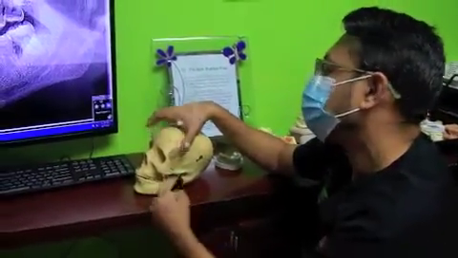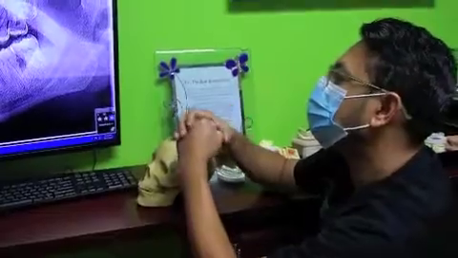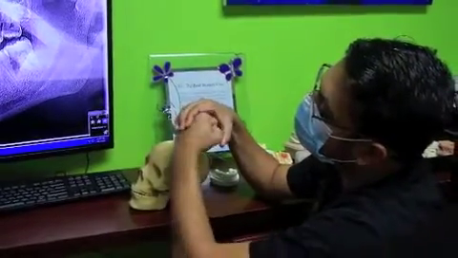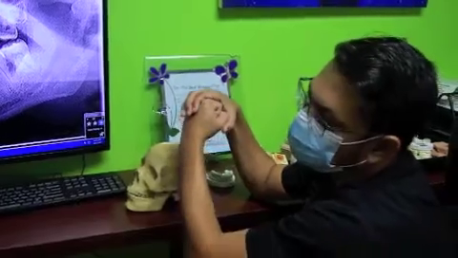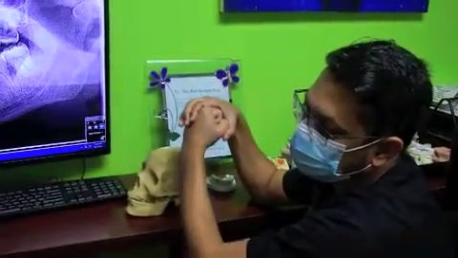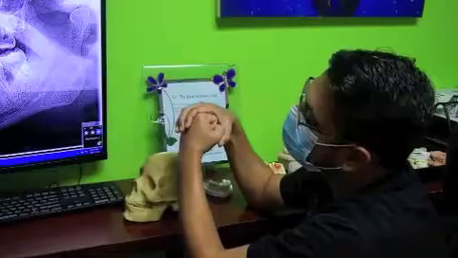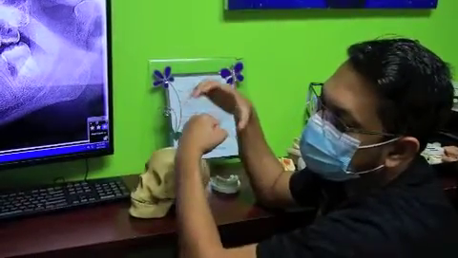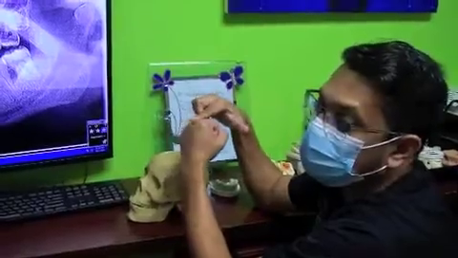Over prolonged time, just think about the semicircular head that fits into this socket. If you're clenching, you're going to be compressing the head of the condyle into that socket. That in turn starts to create wear and tear on the inside of the socket and wear and tear on the head of the joint.